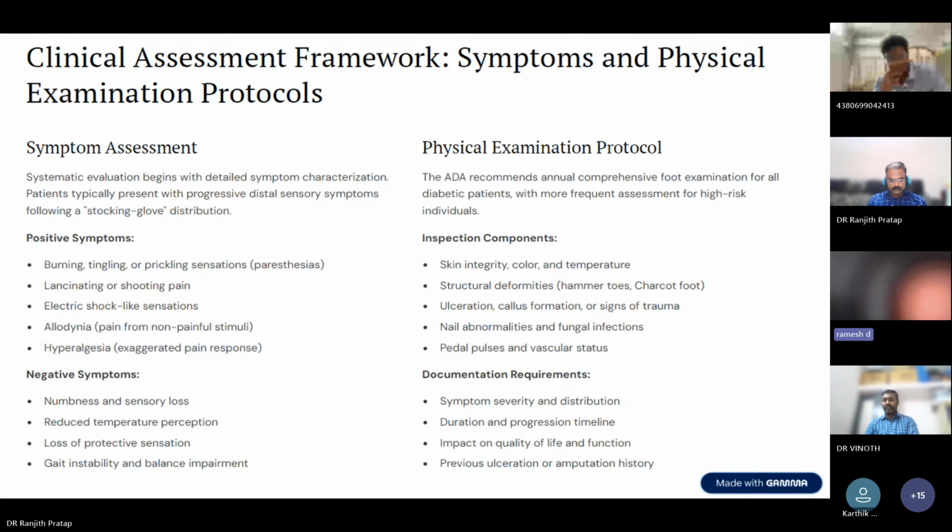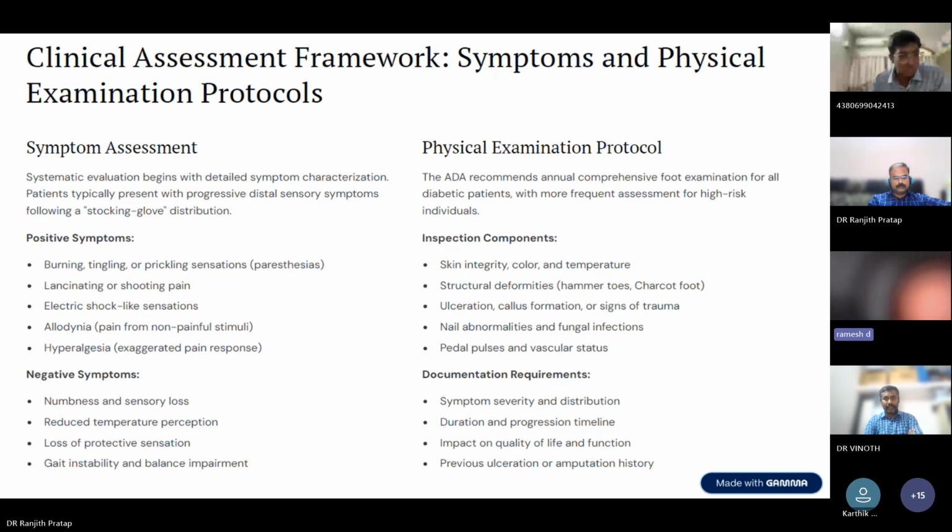So for the diagnosis of neuropathy, we have to follow a systematic approach, from the history and the clinical examination. For the history, as the previous speaker told, there are various types of symptoms. There may be positive symptoms, there may be negative symptoms, depending upon the type of nerve fiber involvement.